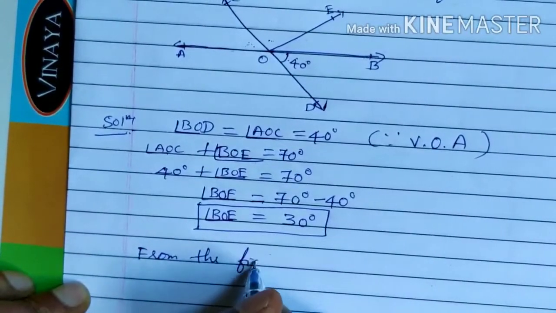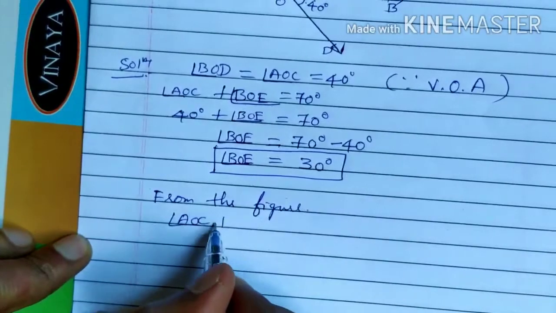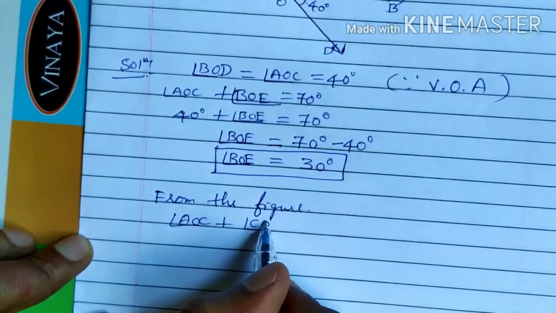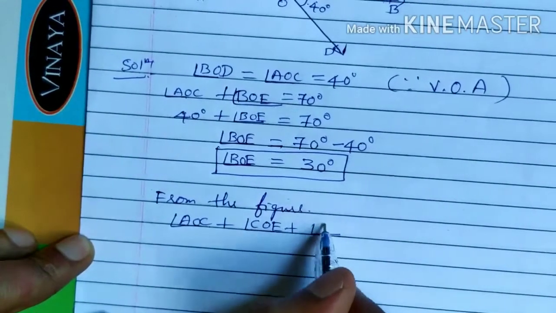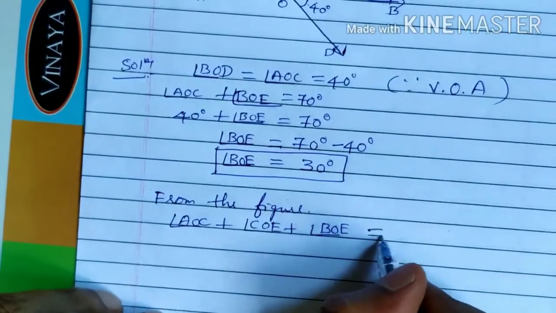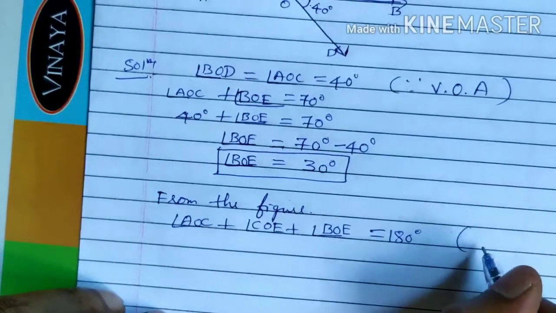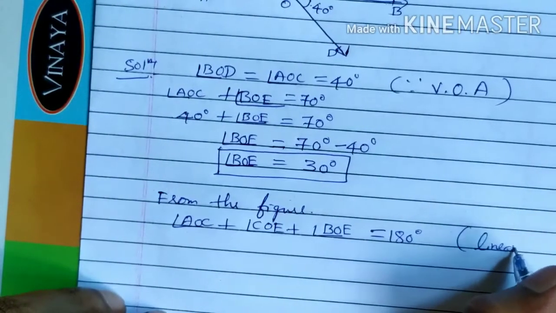From the figure, angle AOC plus angle COE plus angle BOE is equal to 180 degrees, linear angles.